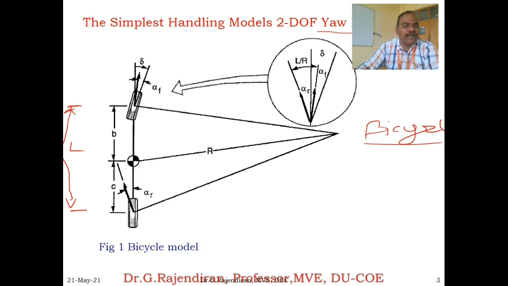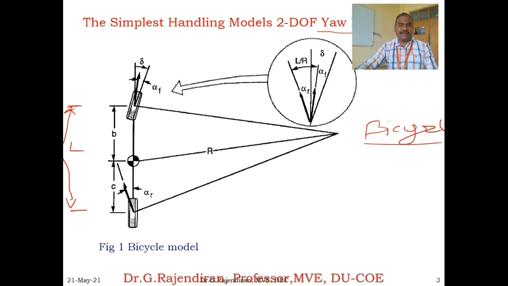Now we know that when the vehicle is taking a turn, the two axles meet at one common point. That point is called the instantaneous center. Actually, I have given it here for understanding purposes. So when the vehicle is taking a turn, the vehicle will rotate with respect to one radius. Clear?